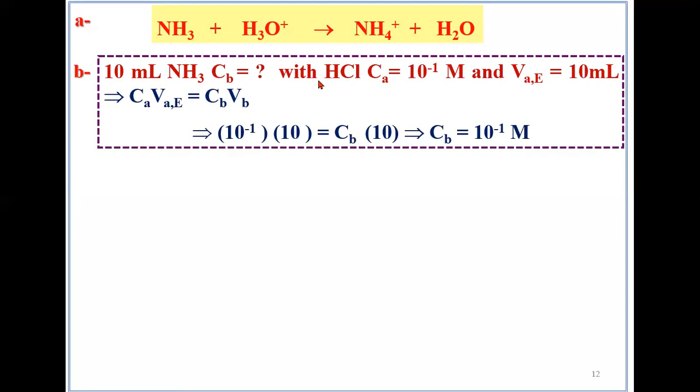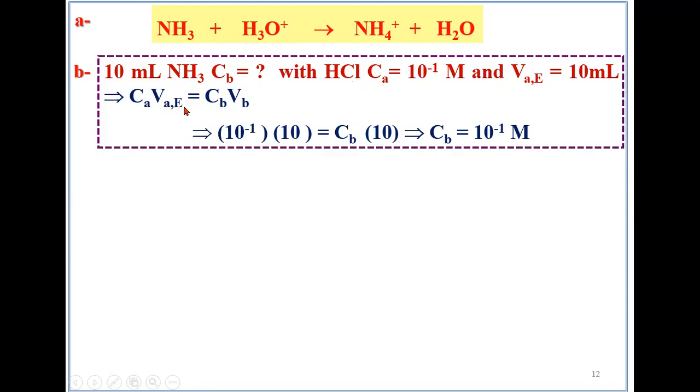Given that we have the concentration of the acid and the volume at equivalence, but not the concentration of the ammonia, we use CAVA equals CBVB, where the acid is my titrant, and VA is at equivalence, and thus I can calculate the concentration of base.